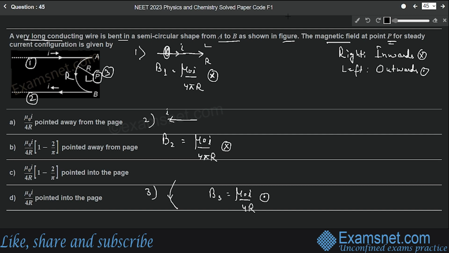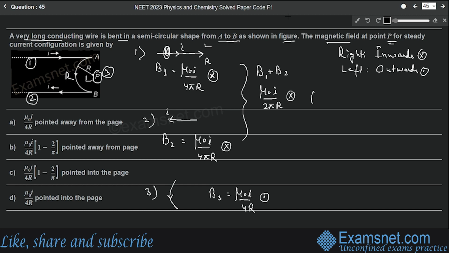Okay, now the net magnetic field at point P due to all these parts will be the sum of B1, B2 and B3. Okay, so first let's find the sum of B1 and B2. B1 plus B2 will be equal to mu naught I by 2 pi r. Okay, and the direction will be cross because both are cross, so the resultant will also have the same direction.